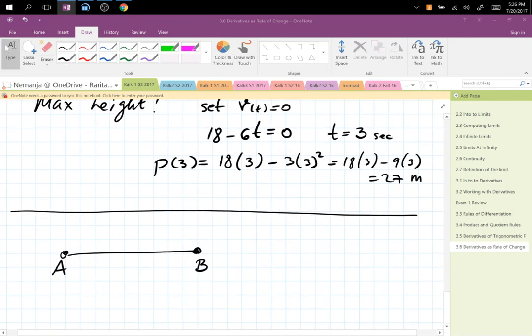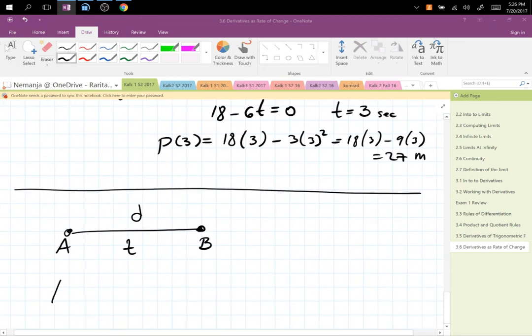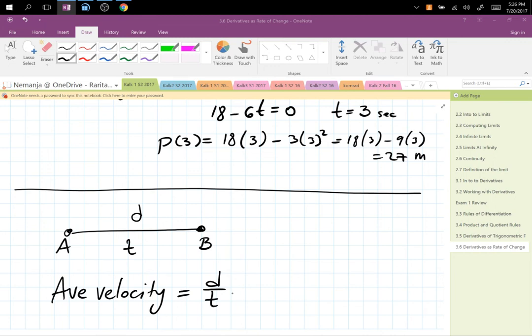So when you go from point A to point B, you can take the entire distance and the entire time and say that the average velocity is equal to distance divided by time. But remember that now we actually have a position function to describe point A and a position function to describe point B. So this is my time 1 and time 2.